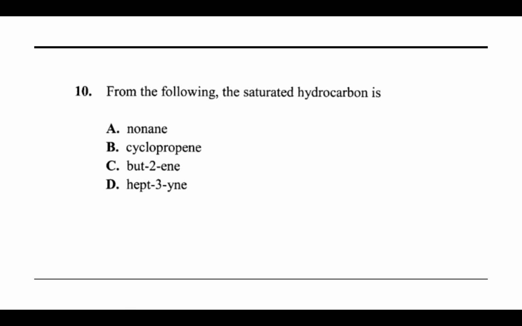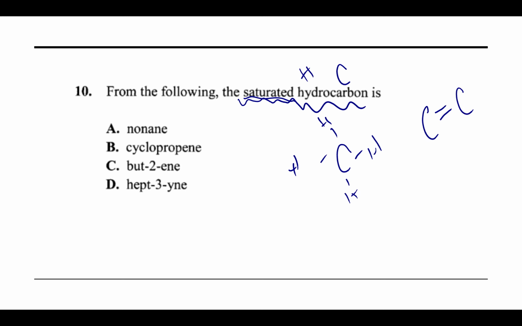Looking at this next one, this is bringing in your terms saturated and hydrocarbon. So to be a hydrocarbon, you contain hydrogens and carbons. To be saturated, every carbon is bonded to as many hydrogens as it can. If you're unsaturated, that just means you have a double or a triple bond somewhere within your chain.